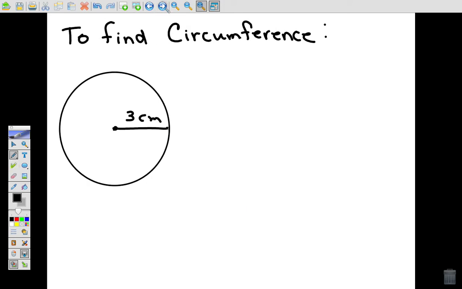Now, the actual formula for circumference, and you'll want to make sure you have this in your notes. To find the circumference of a circle, we can use two different formulas. One of them is pi times the diameter of the circle. Now pi is a whole different value. Usually in the past you've said that pi is about 3.14.